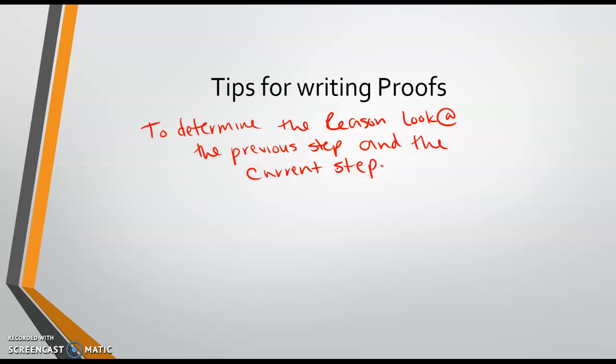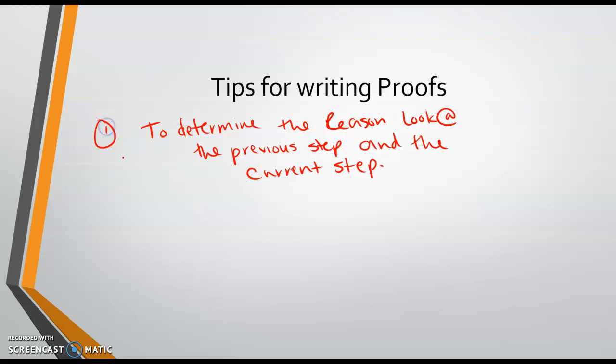So what do I mean by that? Don't just look at the step you're writing and then say, okay, how did I, my reason is. Look at the previous step and ask yourself, how did I get from this step to this step? That's my reasoning. We'll get into more of that, but that's when we're writing our proofs, determining reasoning. You don't want to just look at the step you're currently at. Look at the step before it and then our current step, and decide how did you get from that step to this step.